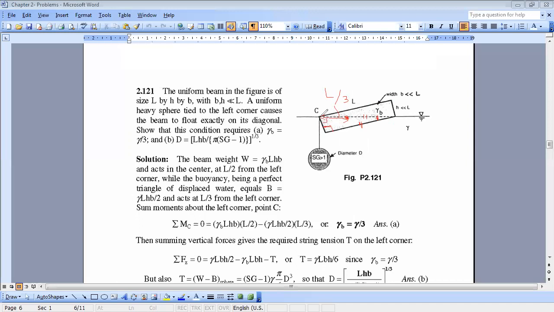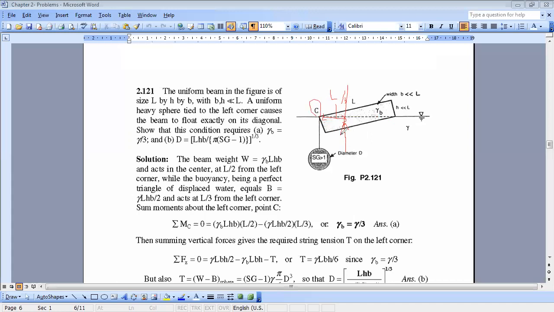So it's like this is the height of my triangle. And we know that the centroid is at 1/3 from the base. So this distance can be approximated because h is much smaller than L. This distance can be approximated as L over 3. So when I represent the buoyancy force here passing by the centroid, its line of action is at a distance of L over 3 from point C.